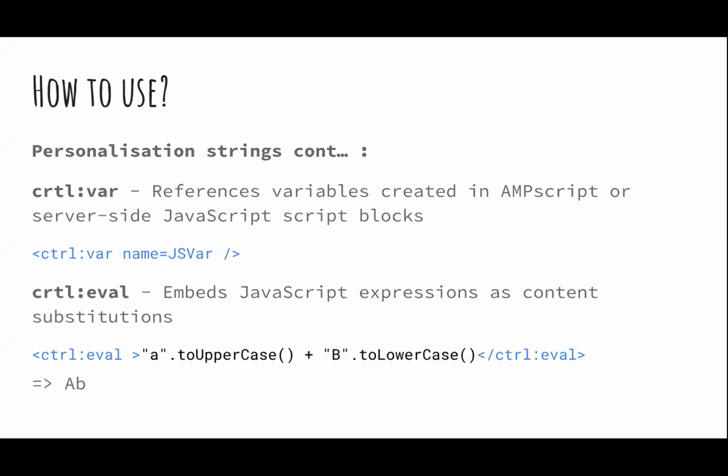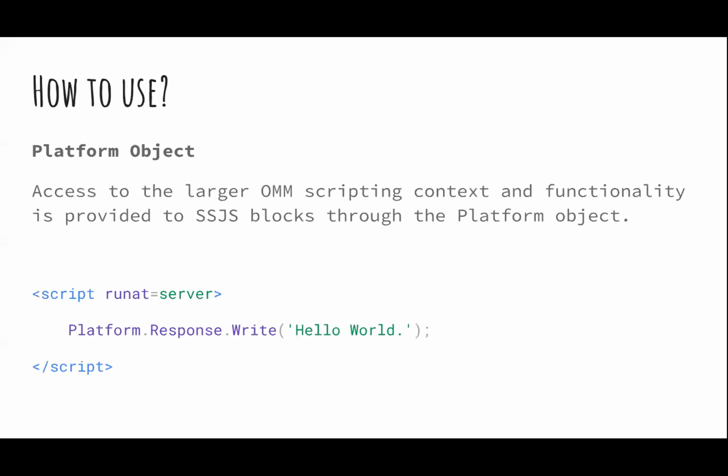You can also evaluate a script. In this case, I'm evaluating a JavaScript snippet and outputting the result. That's probably the more handy one of the lot if you're just trying to test something out. So it outputs uppercase A, B, lowercase b in this example.